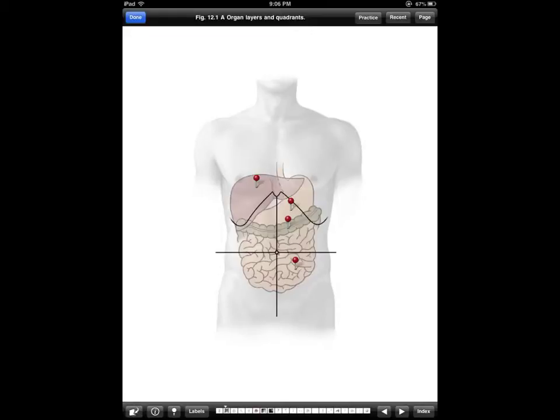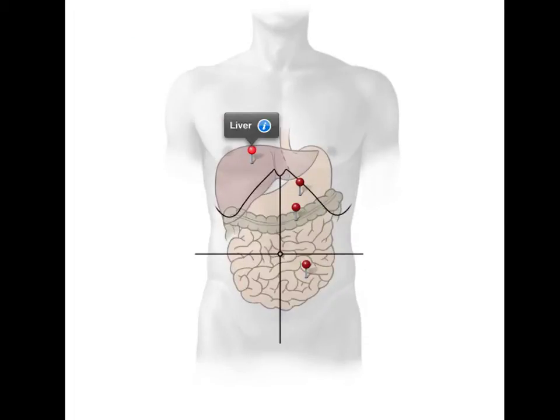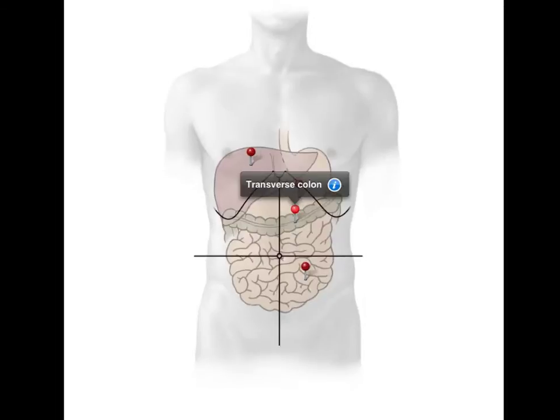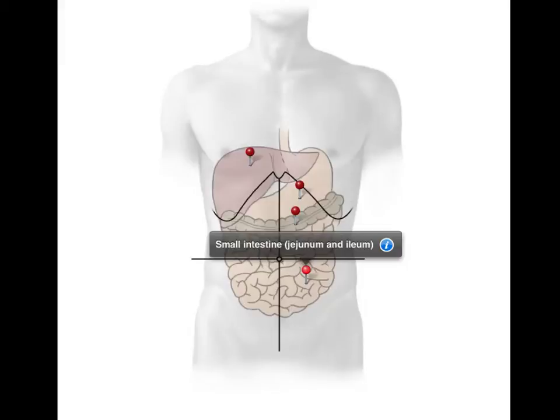If you click on the pin in the top left corner, you'll see that the name of the organ is displayed. Clicking on other pins also reveals the name of each organ.